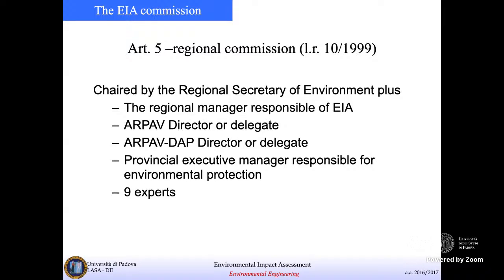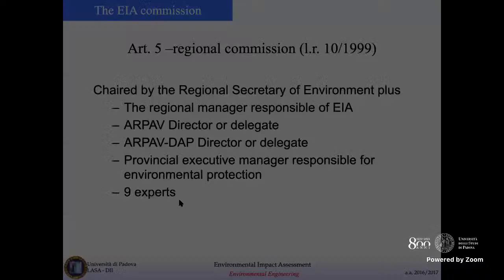The members include the regional manager responsible for environmental impact assessment, the director or a delegate of ARPAV, the regional agency for the protection of the environment, a director or delegate of the provincial department of the Regional Environmental Protection Agency, some provincial executive manager responsible for environmental protection, 9 experts, and so on. This is the Regional Environmental Impact Assessment Commission.